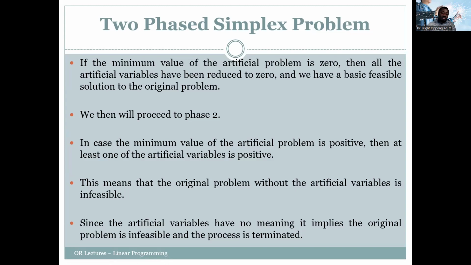So you see that this is different from the big M method, where we go through the entire process and later on, after solving, we realize that it is infeasible. In phase one, it reduces the number of iterations that we have to do if we use the two-phase simplex method.